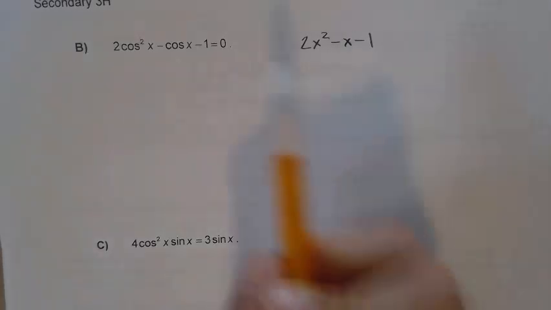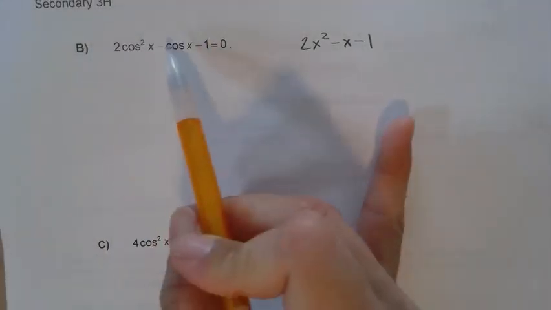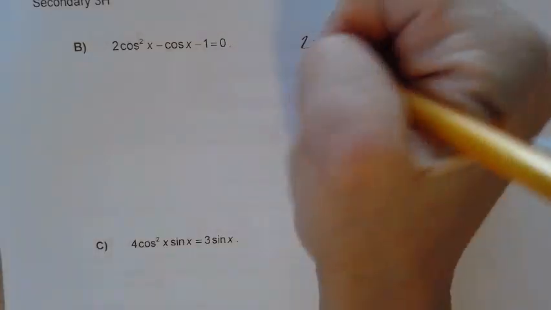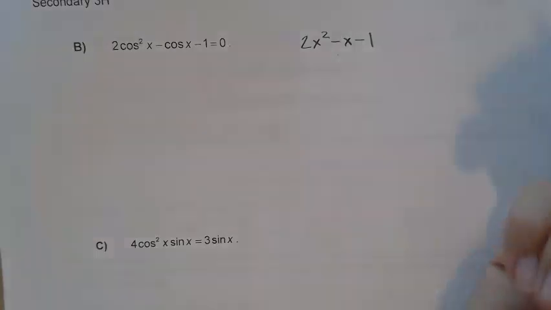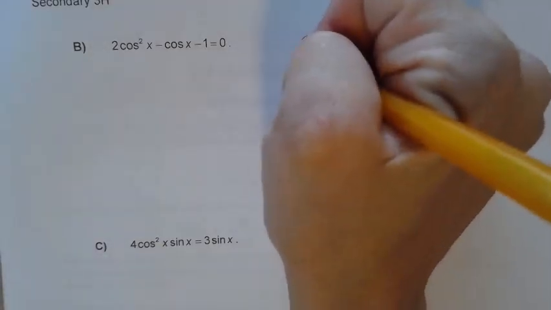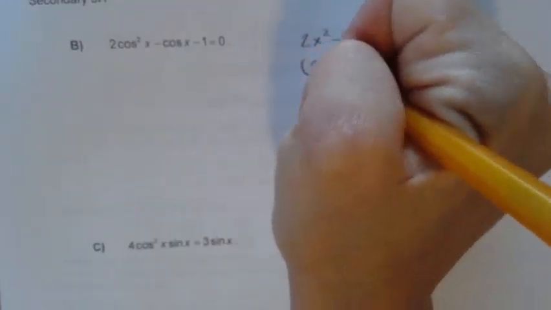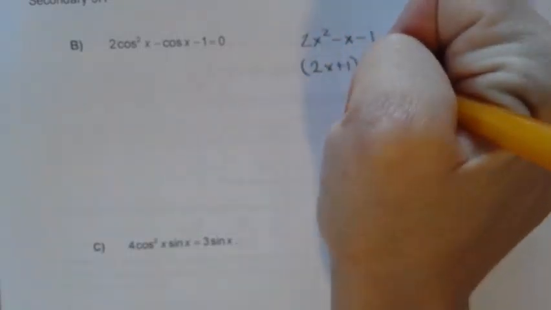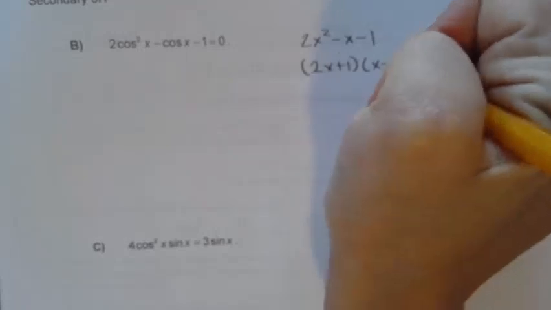My suggestion to you is if you can't recognize it right here, put it in just x's and then factor. I'm going to have you factor this on your own since you should be able to do so. When you factor, you end up getting 2x plus 1 times x minus 1.